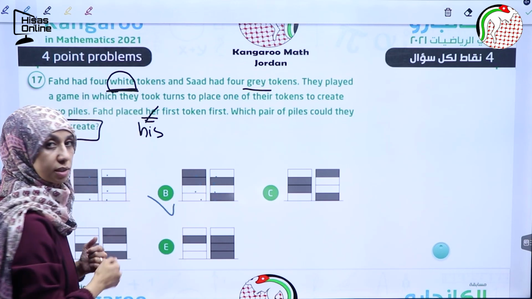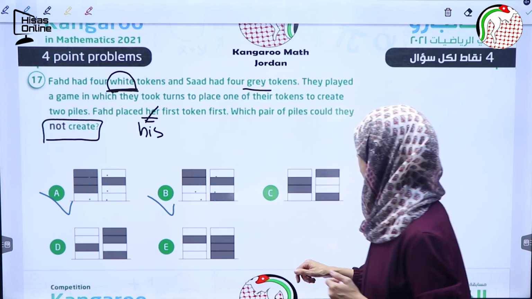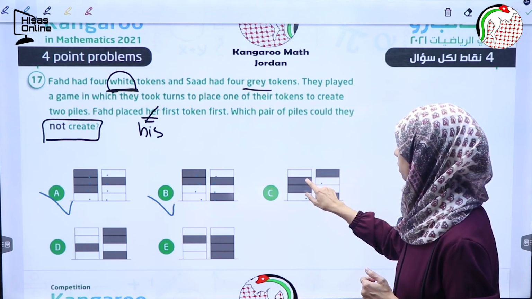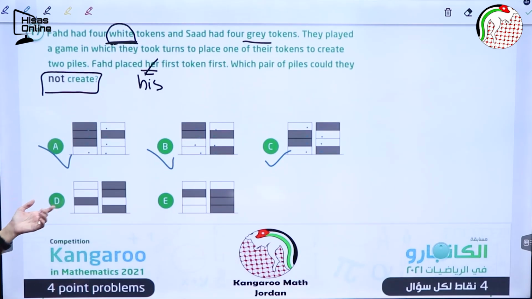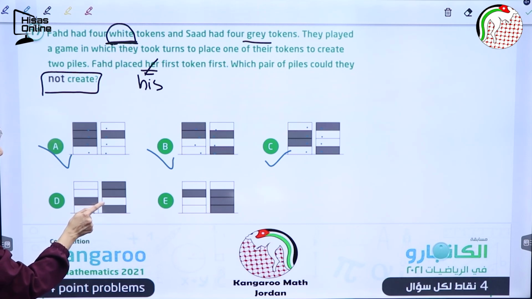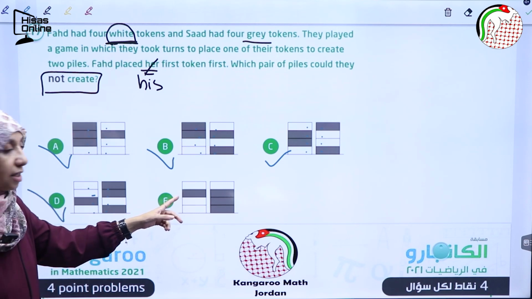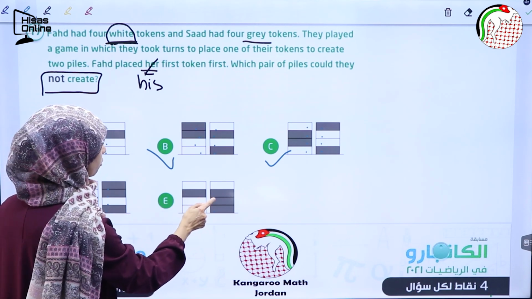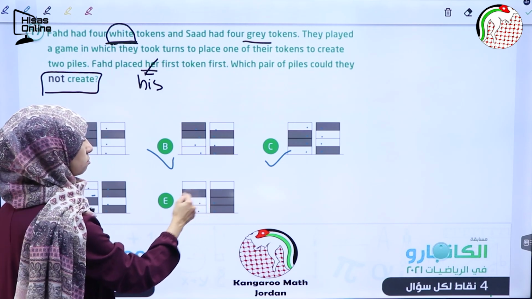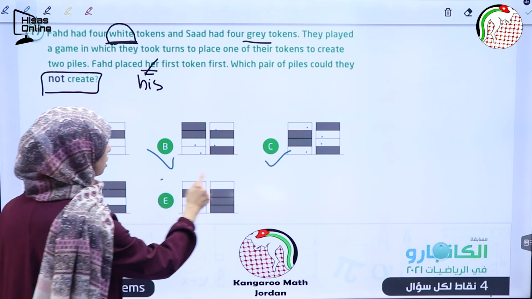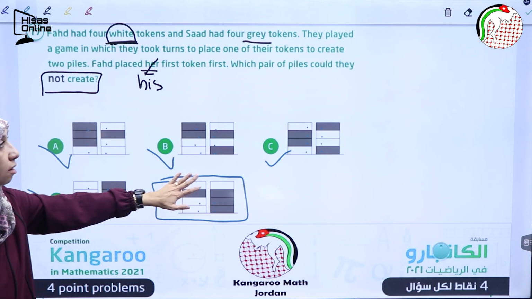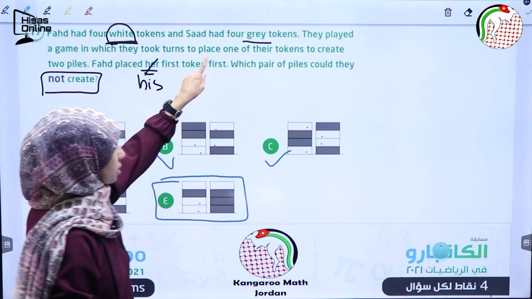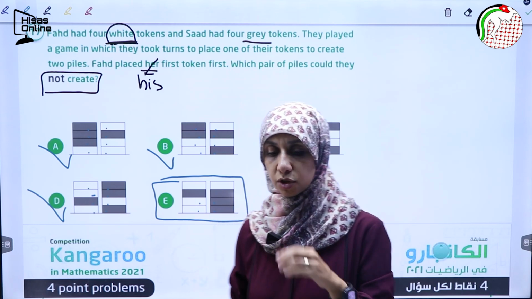Possible. Moving to C. White, gray, white, gray, white, gray, white, gray. Also possible. Moving to next, the same. Let's see E. White, gray, then gray, gray. So this is the option where those two piles are impossible to create using the same conditions requested in the question.